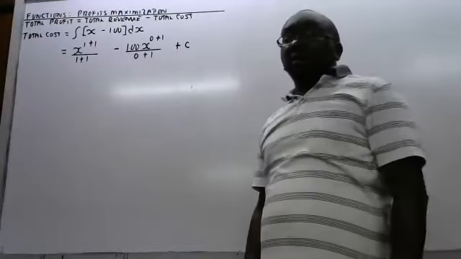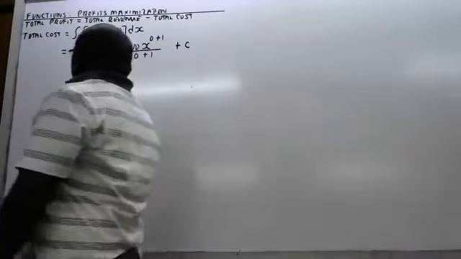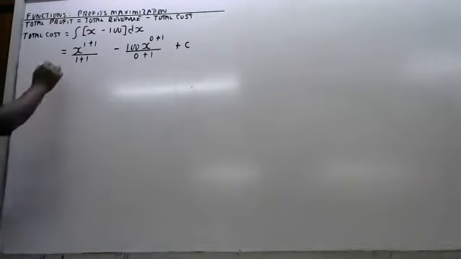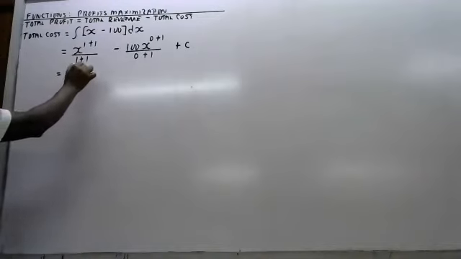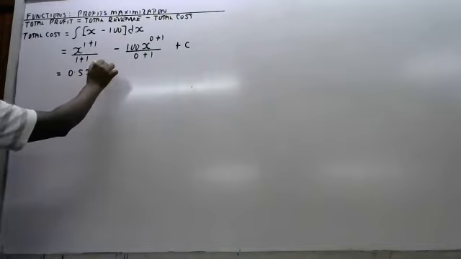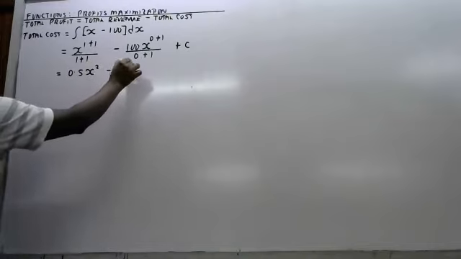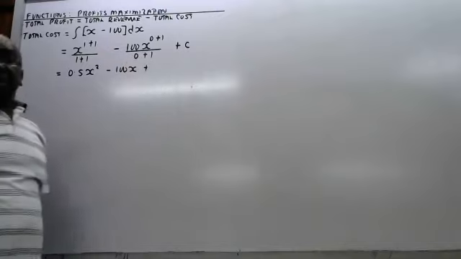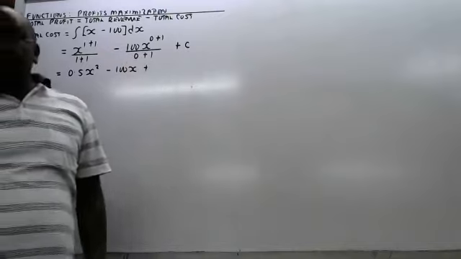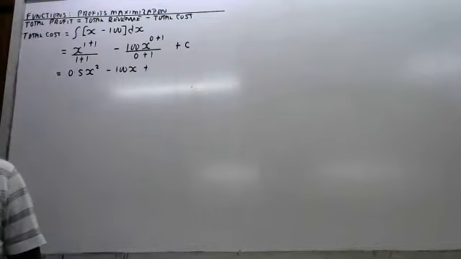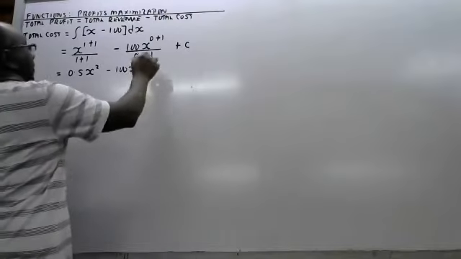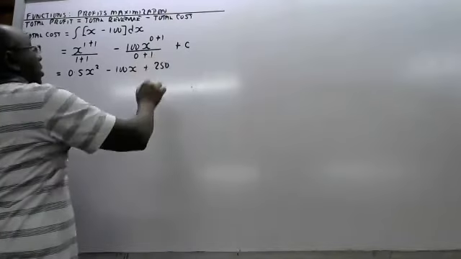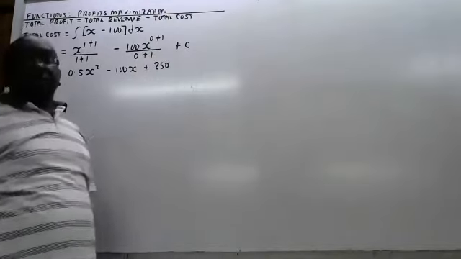So this changes to become 0.5x squared minus 100x plus c. When you are in total cost, c becomes the fixed cost, which is 250.